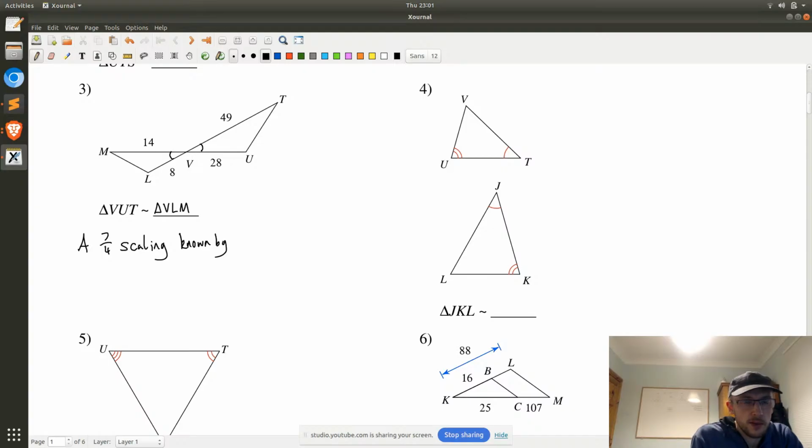Well, no, those two angles there are vertically opposite, and so it becomes a side angle side similarity. It's just a case of figuring out the scaling factor, isn't it? Here, I don't know that. No, I do know that they're similar. They're just not congruent.